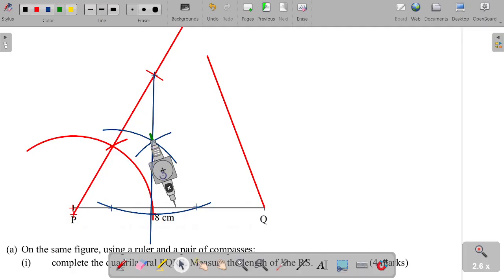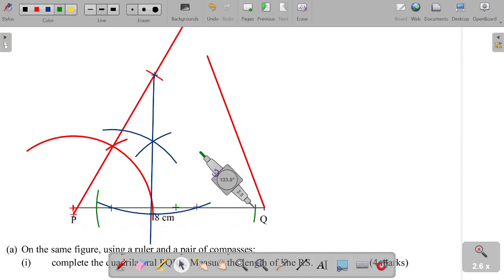Now, after that, I'm going to make an arc here, and also to the right hand side, I'm going to make an arc that way.